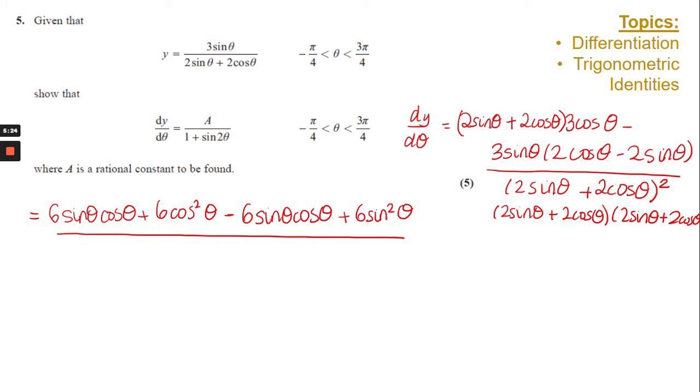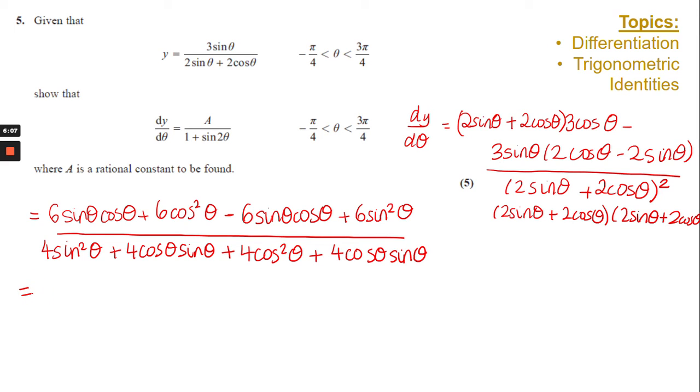So when I multiply that out, I'm going to get 4 sine squared theta plus 4 cos theta sine theta plus 4 cos squared theta plus 4 cos theta sine theta. You can use any method, FOIL or grid method, or whatever you prefer to do this.